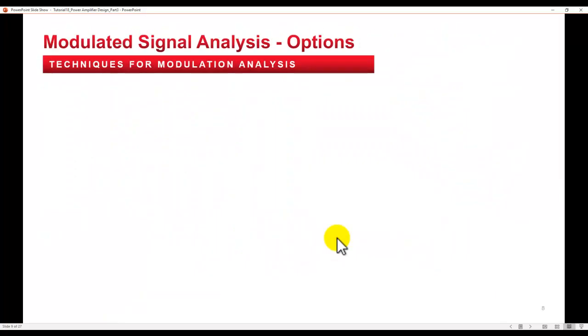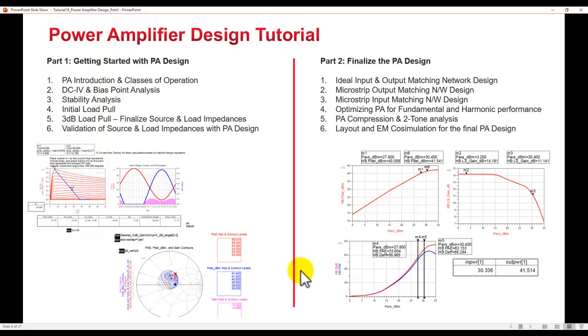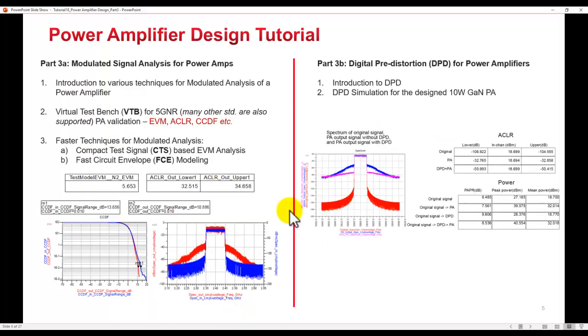So let's go back to the agenda where we started. We talked about in part 3 the 3 ways you could do the modulated signal analysis for your PAs or transmitter. We looked at VTB, CTS, as well as FCE based modeling.